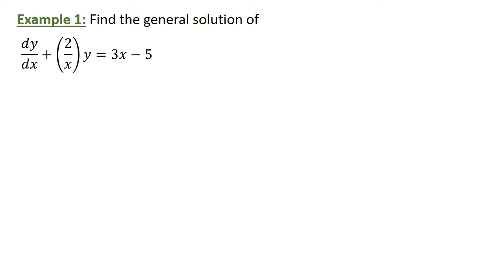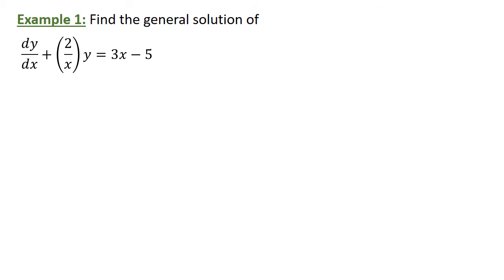In our first example, it says find the general solution of this here. Looking at this, this is our first order linear differential equation. The first thing I want to notice is that this is already written in standard form. I know it's written in standard form because the coefficient of the derivative is 1.